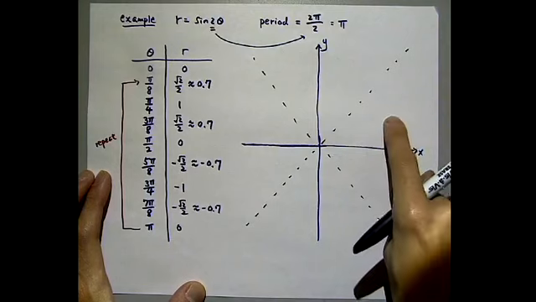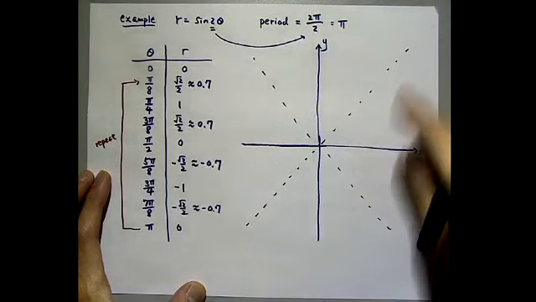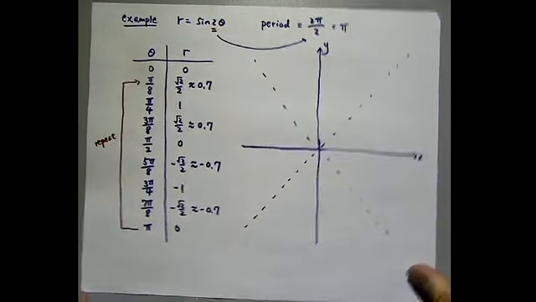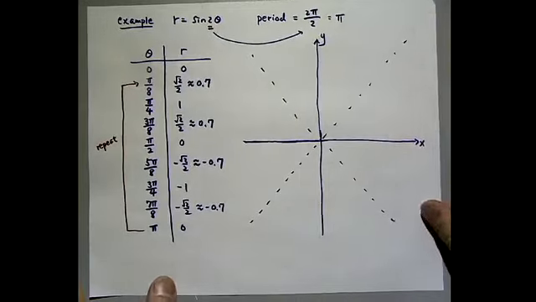I wouldn't go pi over 8, because then you end up putting so many of these dotted lines, it gets confusing. Just divide the whole thing into 4 equal parts like I did here, and then fill in the missing things in between. Okay?